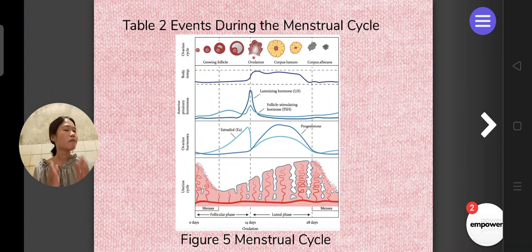Meron namang mga babae na normal na tumatagal ng 1 week pag dumadaan sila sa process ng menstrual cycle.